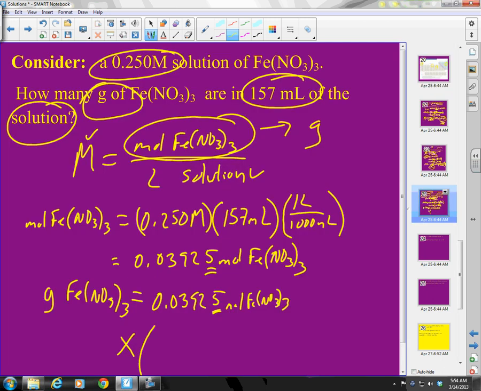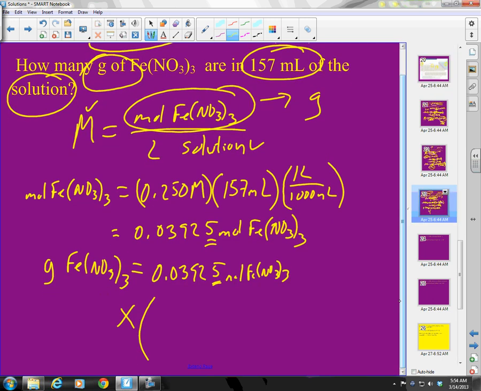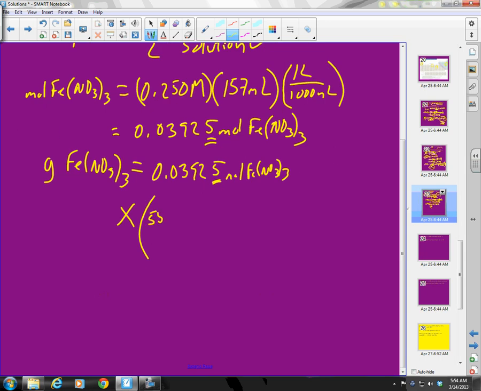So 55.85 plus 3 times 14.01 plus 3 times 3 is 9, 9 times 16.00, right? And this is grams per 1 mole. And then my moles will cancel and I'm left with grams, right?